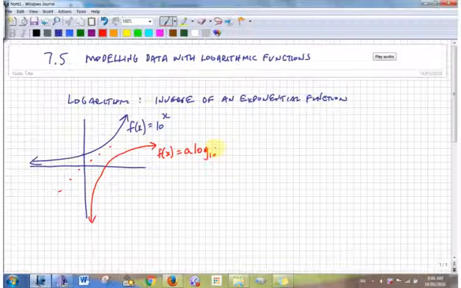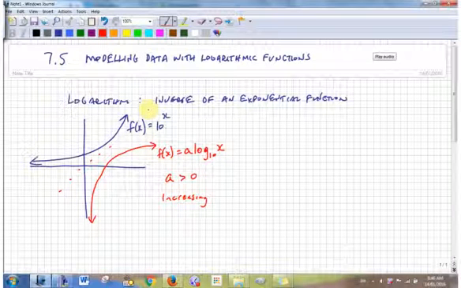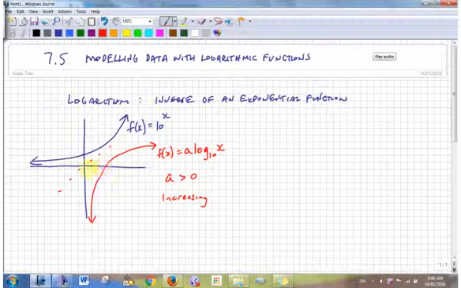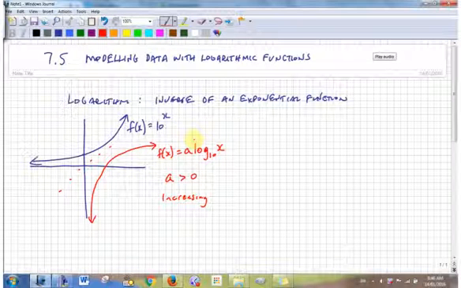A times log base 10 of x, where a has got to be something positive. This is increasing, just like the exponential one is increasing. As x gets bigger and bigger, y gets bigger and bigger. That's increasing.